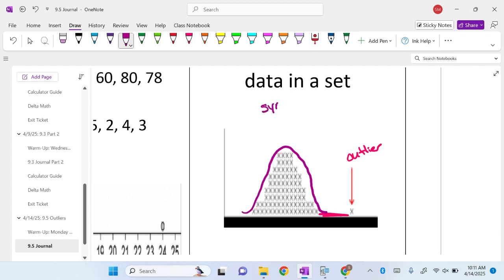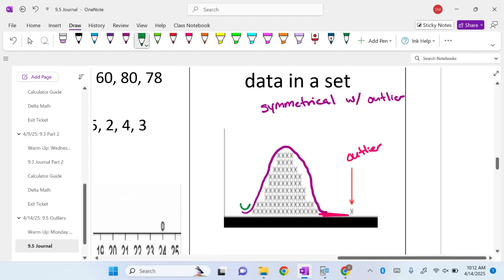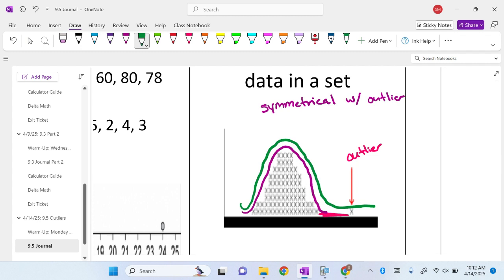So, if we did not include the outlier, we would say that this was symmetrical with an outlier. So like an outlier exists, but the overall shape is symmetrical. Now, let's say I did include the outlier. What's the shape then? Skewed right.